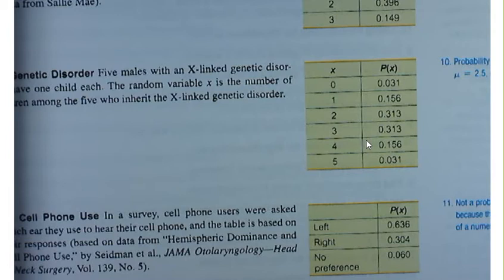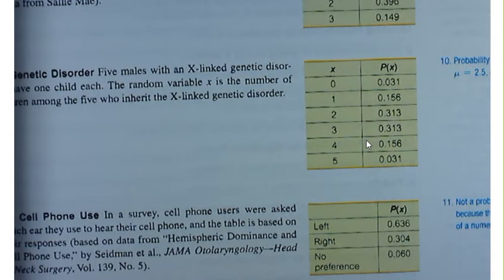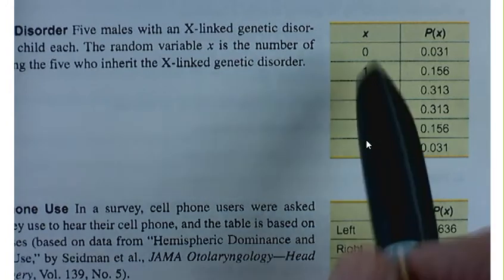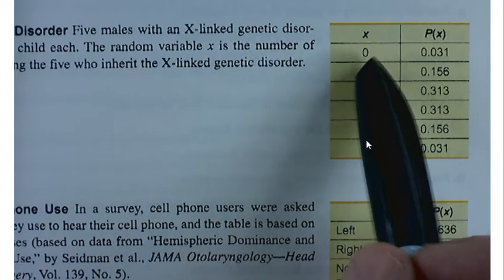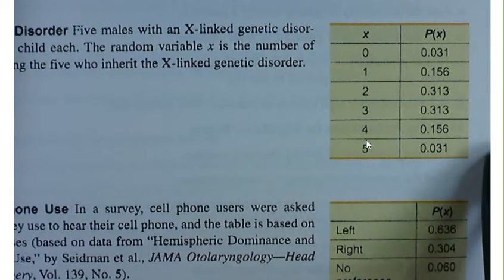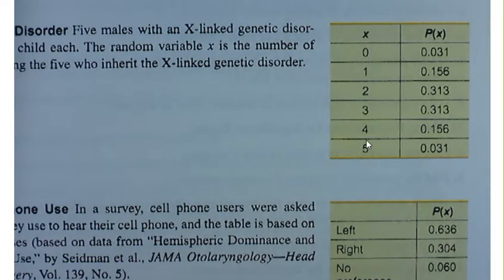And assuming that it is, then we're going to want to calculate the mean and standard deviation. Now, I'm not sure how you want to do that. But what you have to do to first find the mean is do x times p of x for all of these. So do all those multiplications, and then add up those products, and that's going to be the mean.